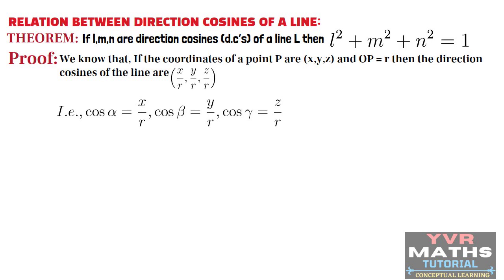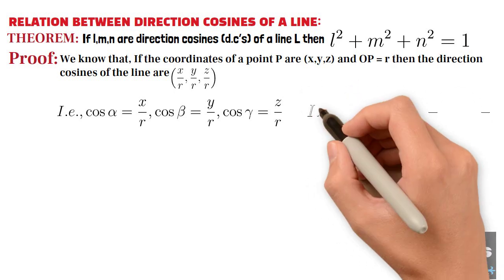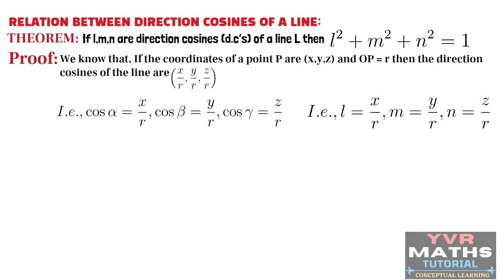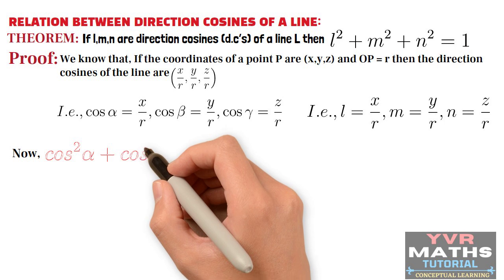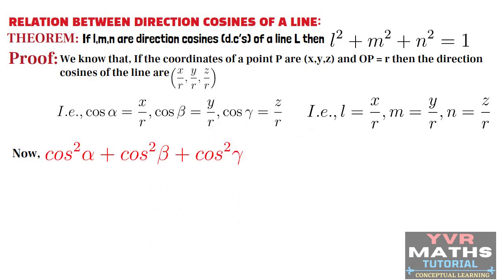We know that cos alpha, cos beta, cos gamma can be denoted with the letters l, m, n. That is, l is equal to x by r, m is equal to y by r, n is equal to z by r. Now I am considering cos square alpha plus cos square beta plus cos square gamma.